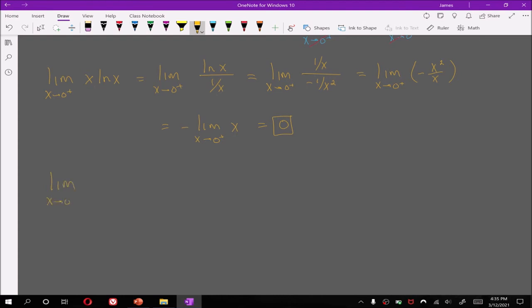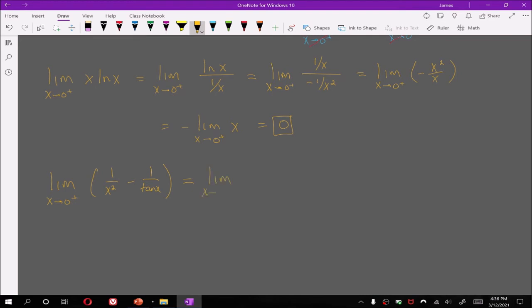Now we have the limit as x approaches 0 from the right again. This time, 1 over x squared minus 1 over tangent of x. If we plug in 0, we will get infinity minus infinity. And again, that does not fit one of the forms, but again, we can force it into one of those forms.